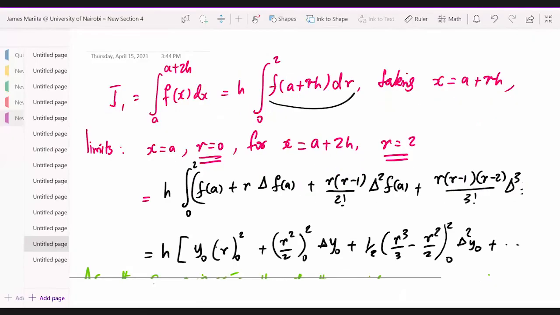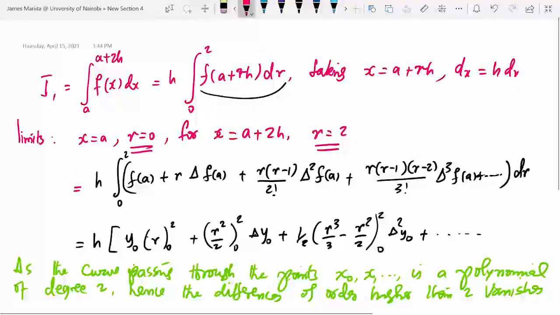Well, we're talking about the limits: when x is equal to a, r is 0, and when x is equal to a plus 2h, r is equal to 2. So the limits will be from 0 to 2, f of a y naught, 0 to 2, this and the rest that way, all right?